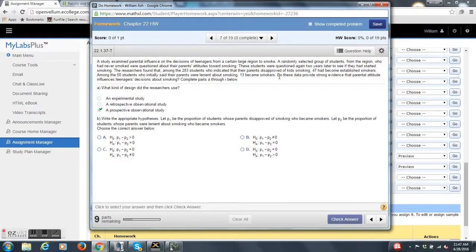It doesn't say if one makes it better. I'm just saying, do they have evidence that the attitude influences their decisions about smoking, not do they get better or worse? So all I'm really making the claim is that they're different. So not that, would it be that P1's bigger than P2? In this particular case, that's not what we're asking. We're just saying if they're different, so we click C. It all depends on the context of the question here.